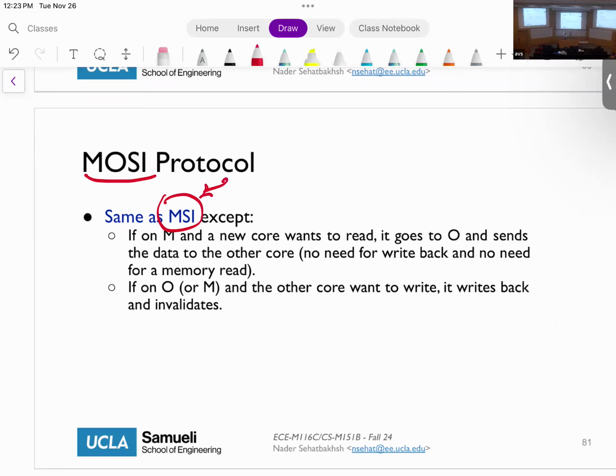The only difference is that if you're in M and a new core wants to read it, you go to O and provide the data. No need to write back, no need to read from memory. If you're in O or M and another core wants to write or for any reason needs to be evicted, then you write back and invalidate. Okay? That's the idea.